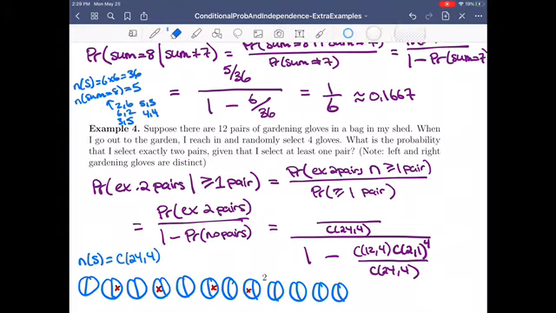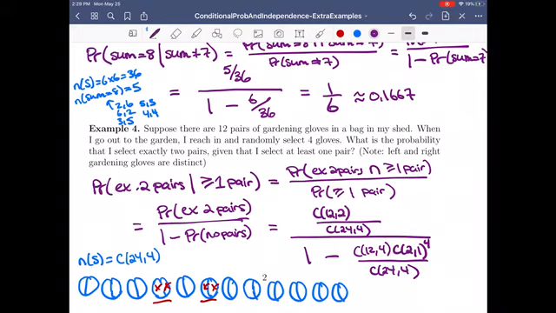Okay, now if I want to get exactly 2 pairs, that means that I want both of this kind and maybe both of this kind. So what I want to do here is select 2 kinds. So from the 12, select 2 kinds.